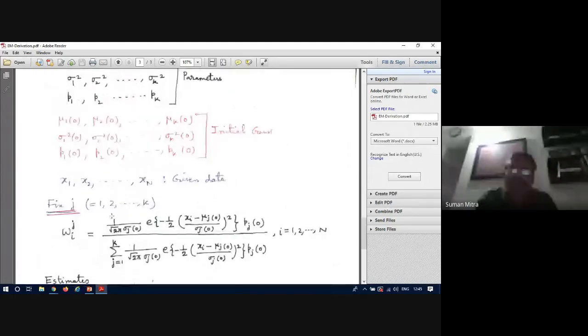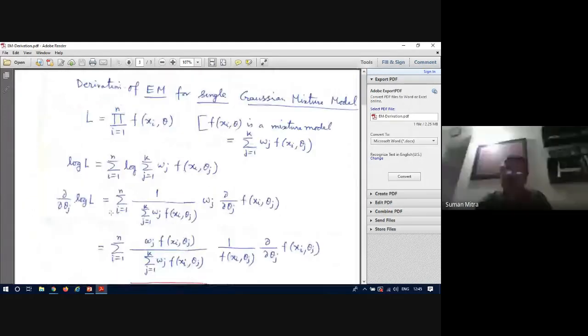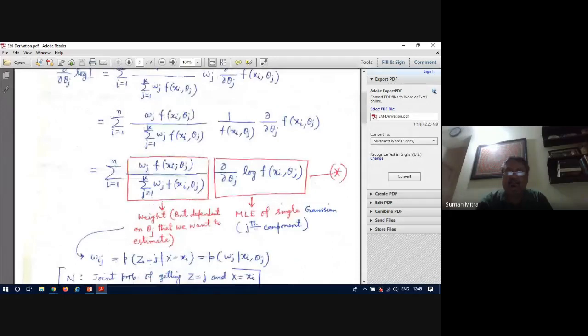So again I repeat. What we do is that in the derivation, we take the likelihood, log likelihood, and from that log likelihood we see that actually we remain with the star, which has two parts. One is the weight, which is numerator by denominator, a ratio, and the MLE of single Gaussian, which is the jth component.